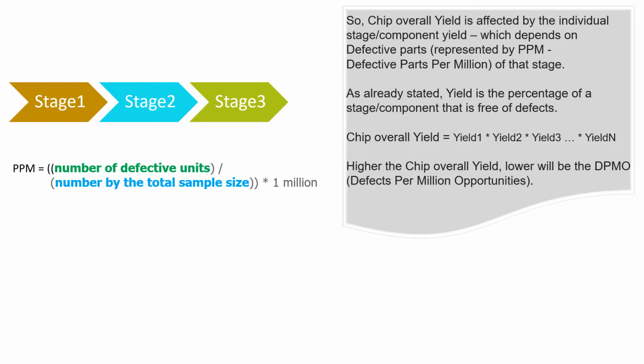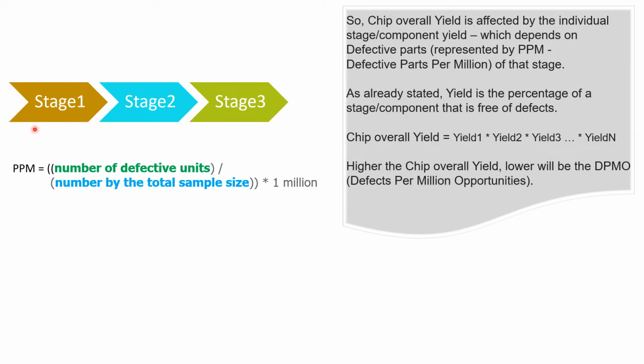Here ppm stands for parts per million, which means the number of defective units divided by the total sample size, times 1 million.